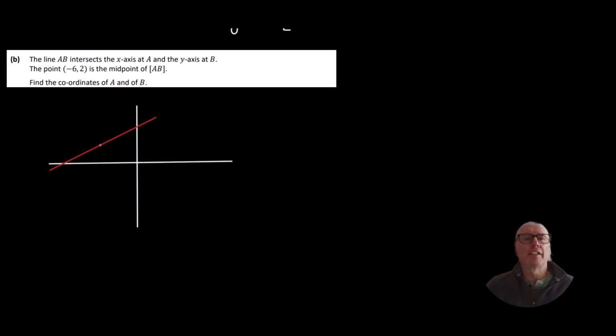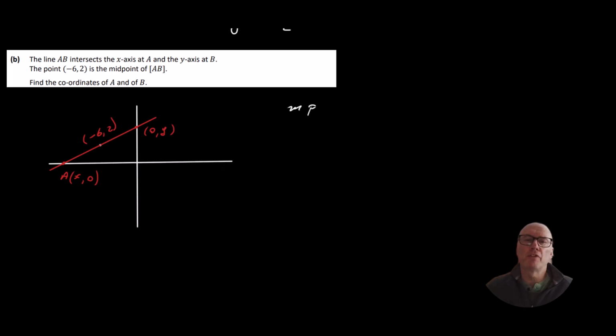So it intersects the x-axis at A, so this would be A here. The coordinates of this point here are going to be x, 0, and up here, this point here is going to be 0, y. Some value y, some value x here. This point here in the middle is minus 6, 2. So this is the midpoint of these 2 points here. So all we've got to do is use our midpoint formula.